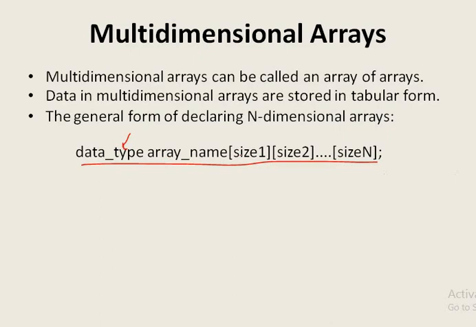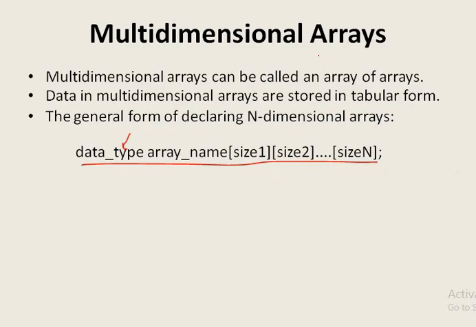Array name represents the name of the array. Size 1, size 2, etc., size n represent the dimensions of the array. So, every array that has more than one subscript will be considered a multidimensional array.